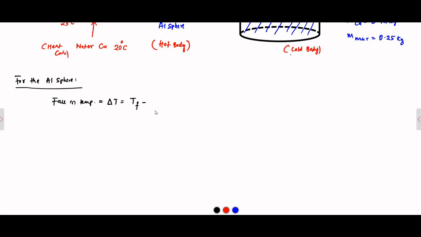It is negative, isn't it? Tf minus Ti, because the final is 23 degrees Celsius and the initial was 100 degrees Celsius. So it is minus 77 degrees Celsius. The negative sign indicates that it has lost heat.